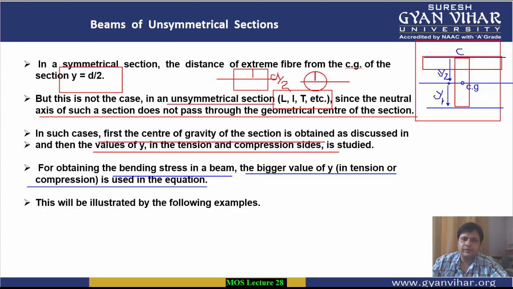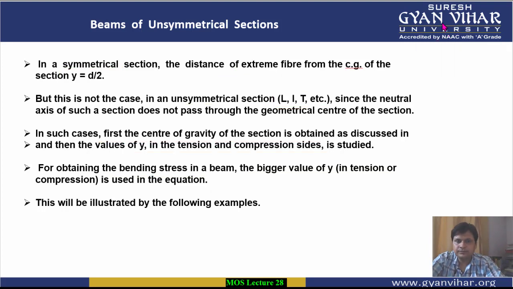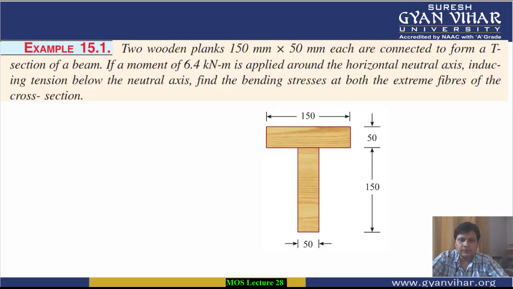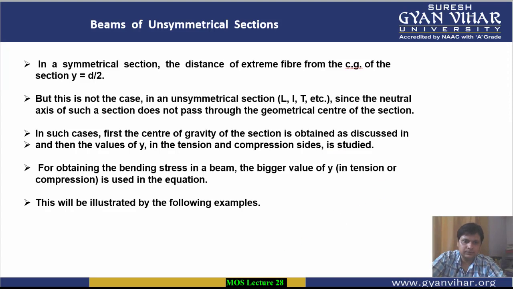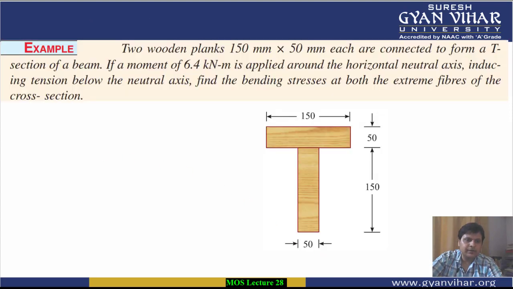So let's understand this with the help of some examples. Let's read out what this example is saying to us. Two wooden planks, 150 mm by 50 mm each, are connected to form a T section.